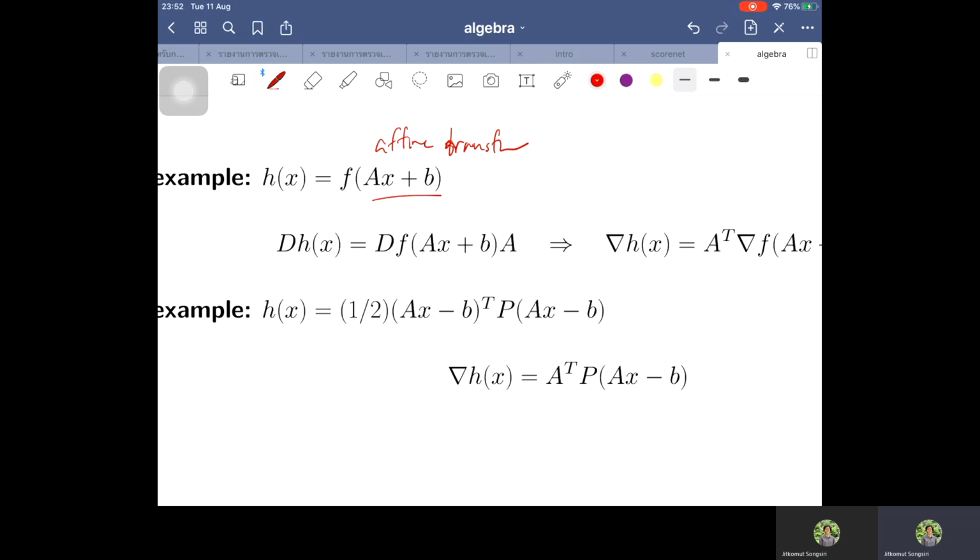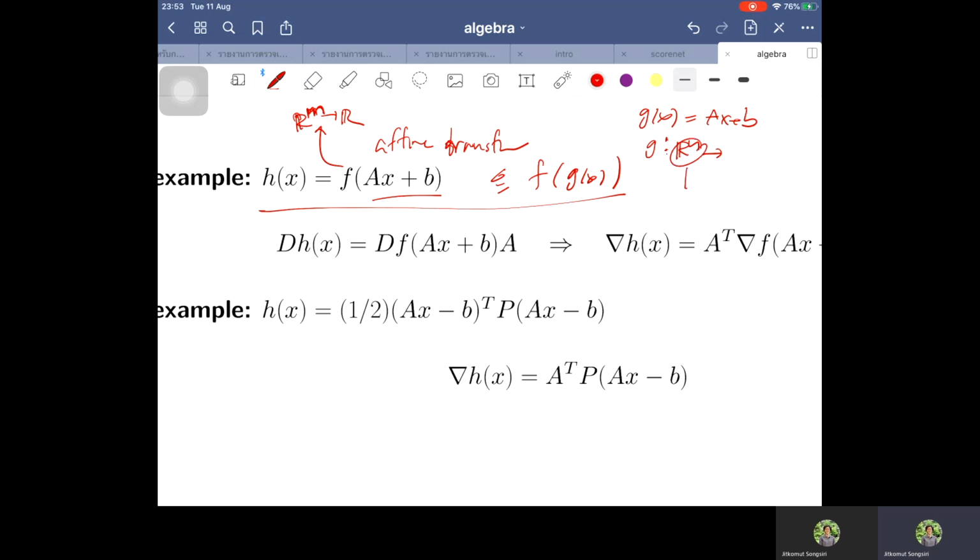So your H is F of Gx, where your Gx is Ax plus B. Let's assume that your F maps from Rm to R. In order for this notation to make sense, your G, which is Ax plus B, maps from Rn, where n is the size of your x, to Rm.